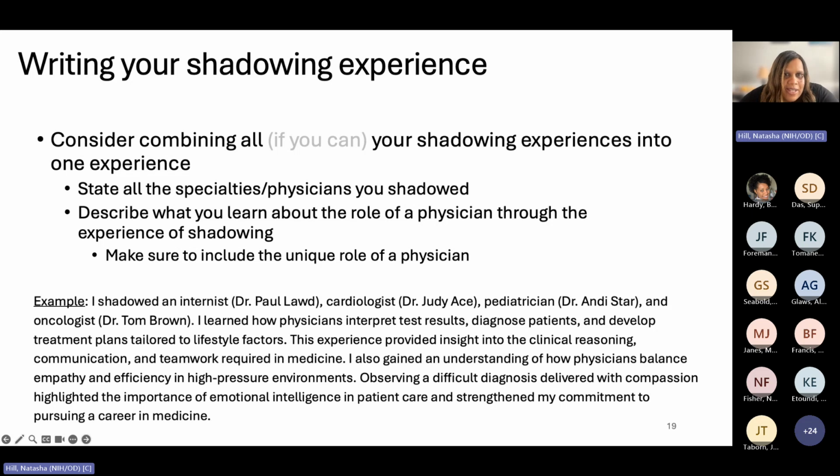This experience provided insight into the clinical reasoning, communication, and teamwork required in medicine. I also gained an understanding of how physicians balance empathy and efficiency in high-pressured environments. Observing a difficult diagnosis delivered with compassion highlighted the importance of emotional intelligence in patient care and strengthened my commitment to pursuing a career in medicine.